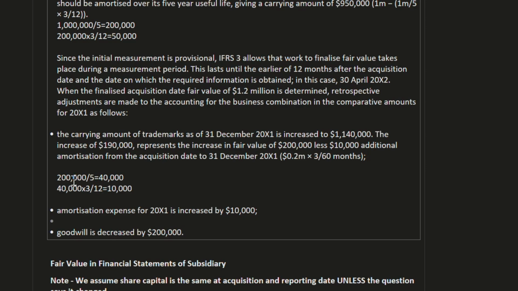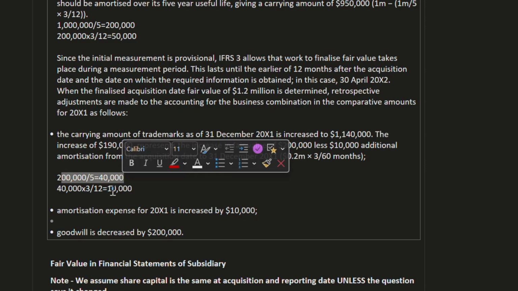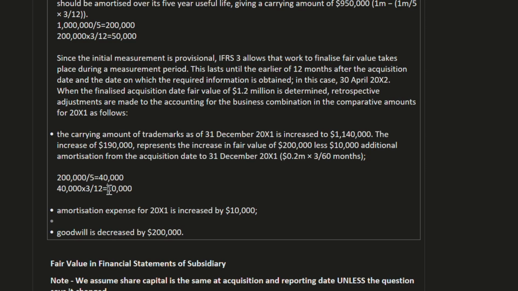So in the retrospective treatment, the amortization will increase by 10,000 at the year end, 31st December 2021, because the carrying value was finalized at an increased 200,000. So the carrying value is increased, which means the amortization will also increase.